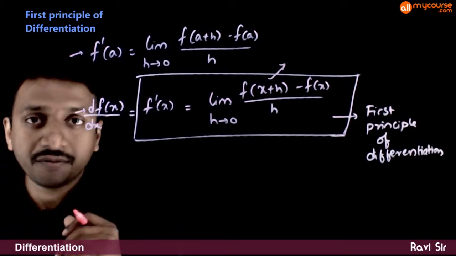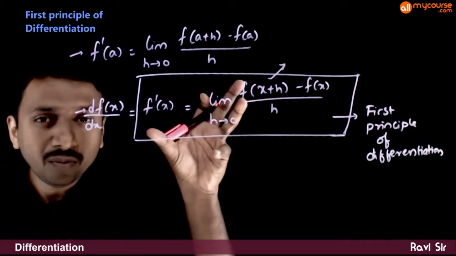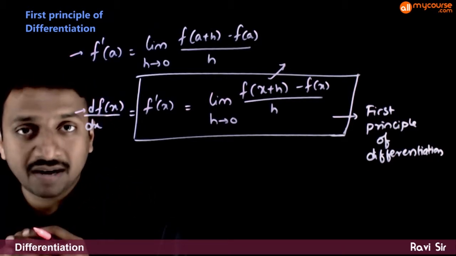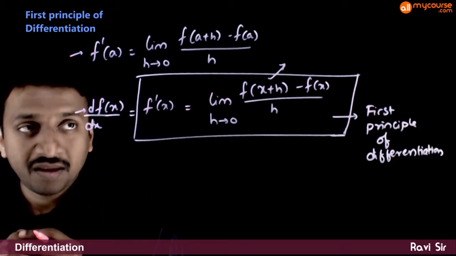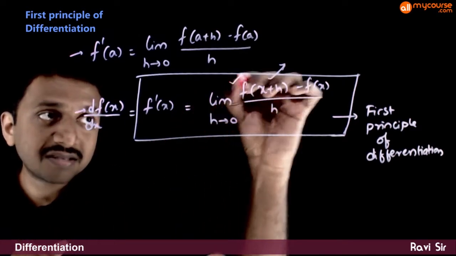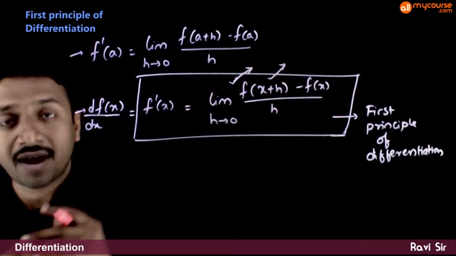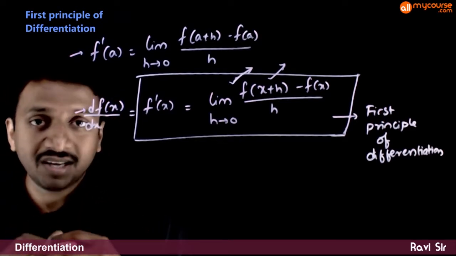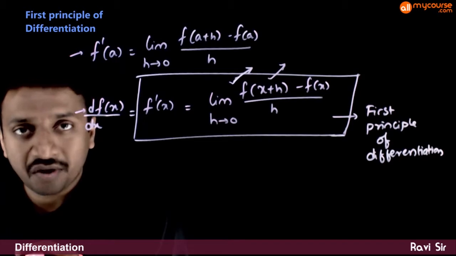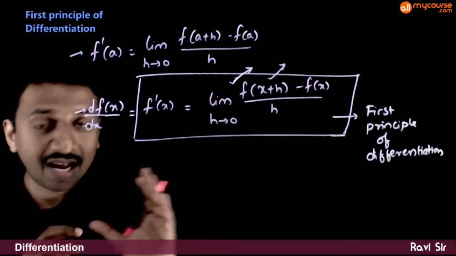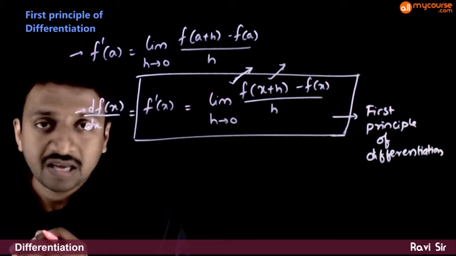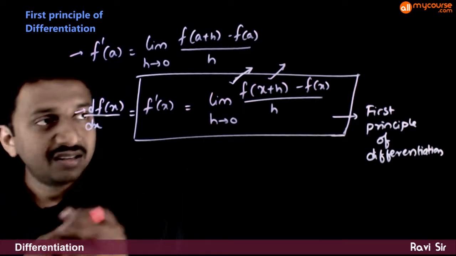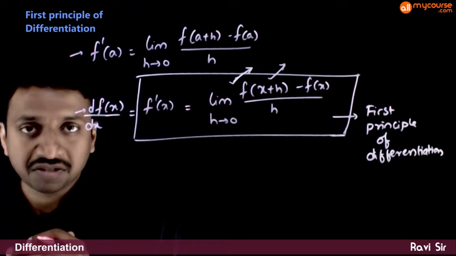So first, before going forward, we'll try to apply this first principle to find the derivatives of some standard functions. And if this limit exists, then we say that the function is differentiable. If this limit does not exist, then we say that the function is not differentiable. So that comes in the topic of differentiability. So now, before going to the topic of differentiability, let us first analyze the differentiations of some standard functions.